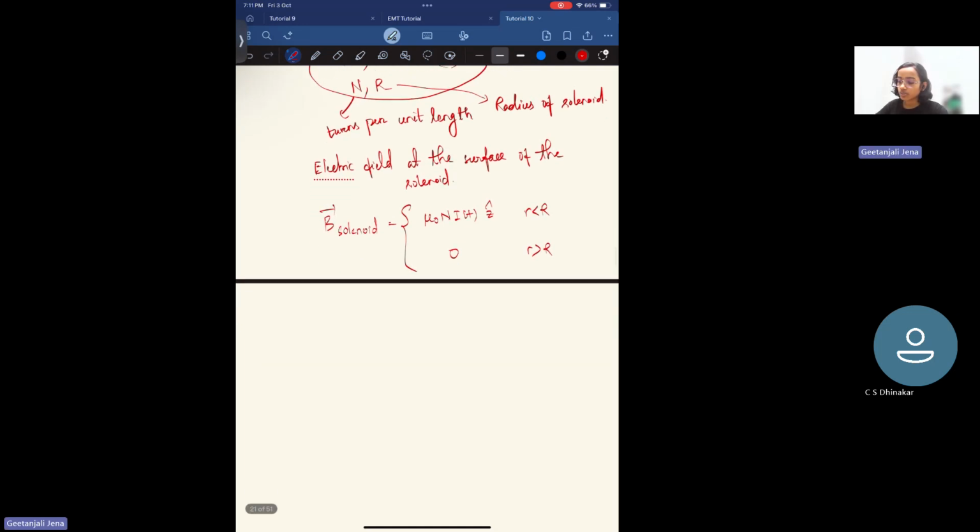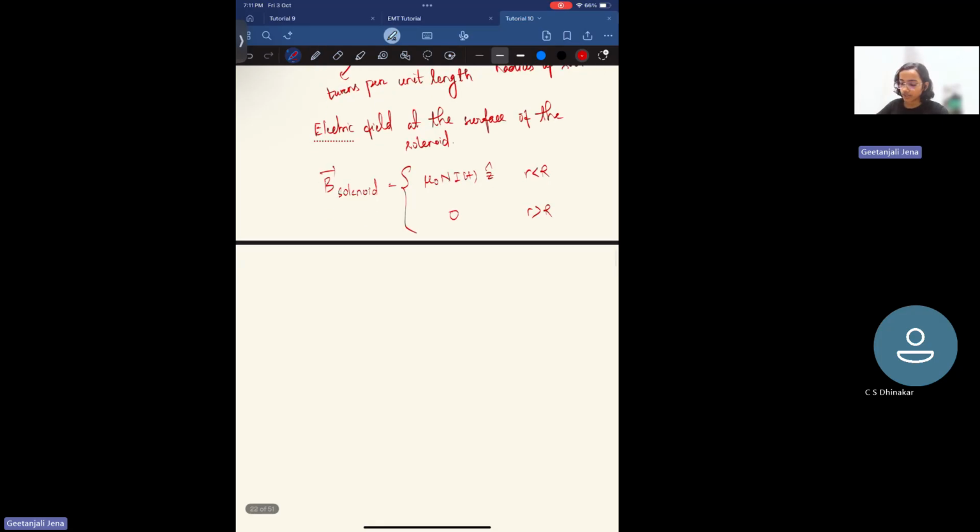Because the magnetic field is changing, there will be a flux and there will be an induced EMF as well as a current, and there is an electric field.